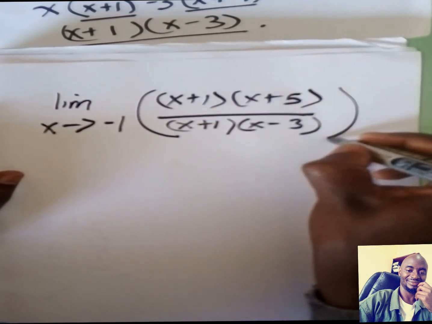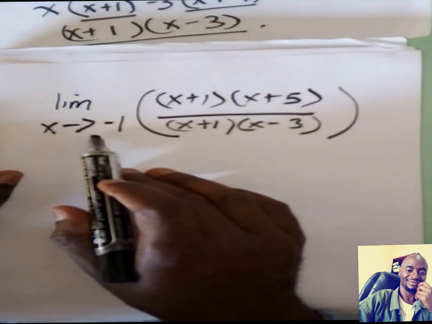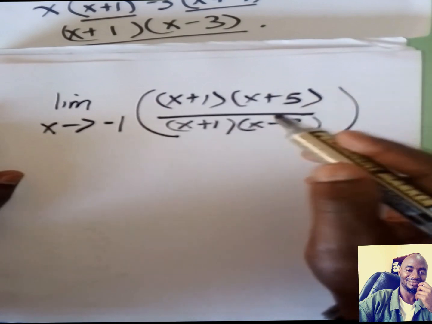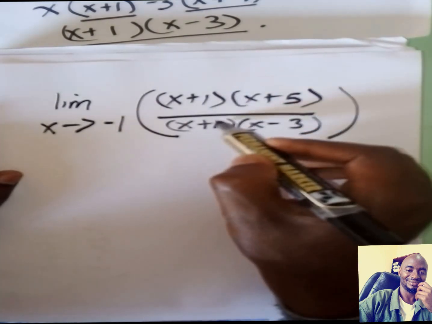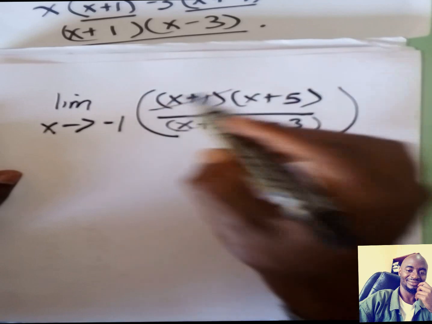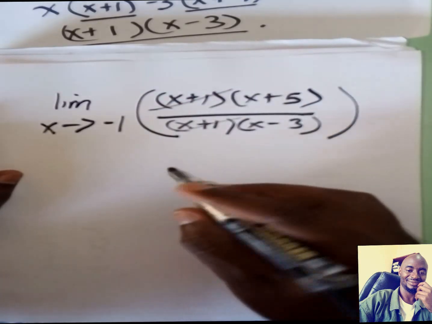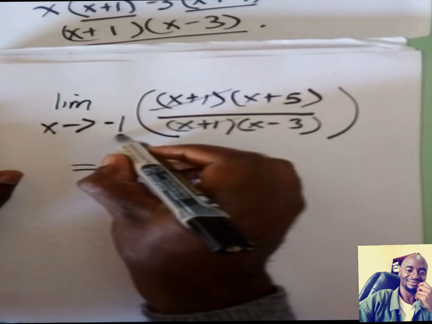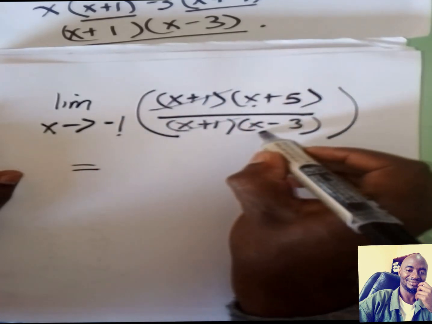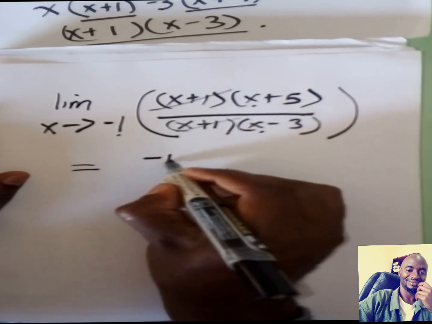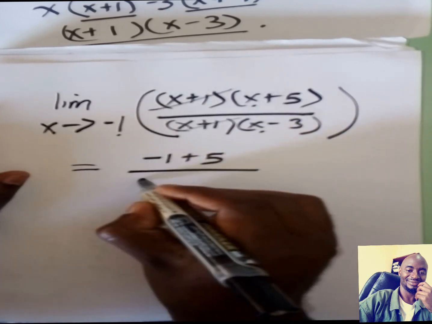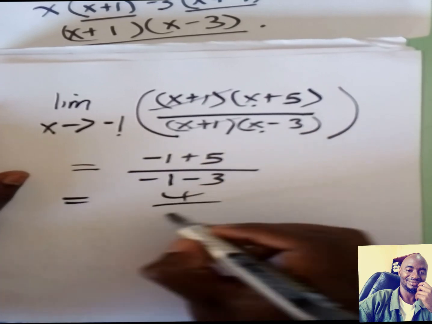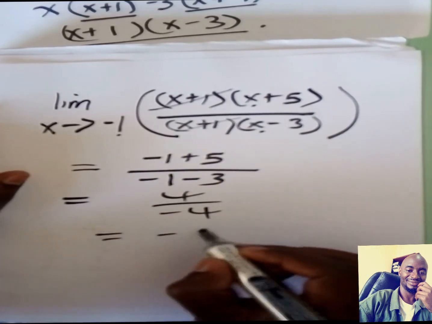Now wherever there is x, I have to put negative 1. But before I do that, I have to make sure there is nothing that can simplify. When we look, this is common and that is common, so those two will simplify. So wherever there is x, I put negative 1: negative 1 plus 5 over negative 1 minus 3. This will be 4 over negative 4, which will be negative 1.